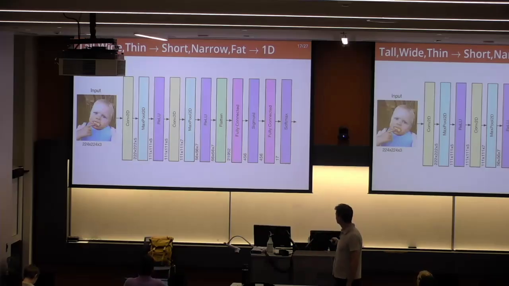So I'm trying to get it down to these 17 numbers before it goes into the softmax. But I start off with something big. This is 224 by 224 by 3. So the first thing I might do is run it through a convolutional 2D layer. And what I'm going for is it's starting out tall and wide and thin, right? There's only 3 channels. But the first thing I'll do is expand it out into 5 channels. It goes from 3 to 5.